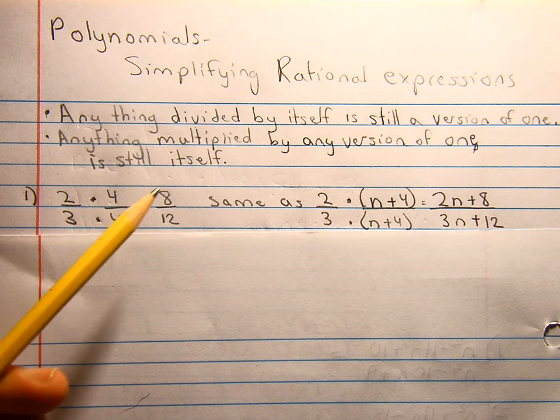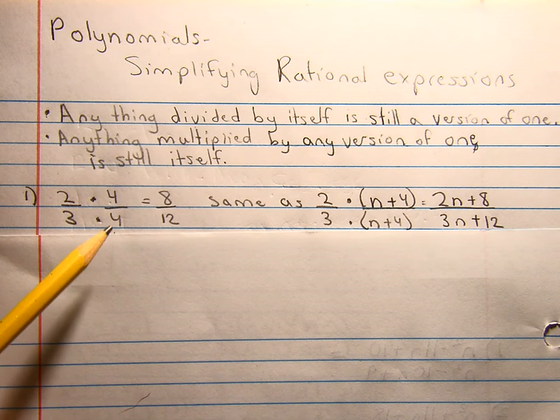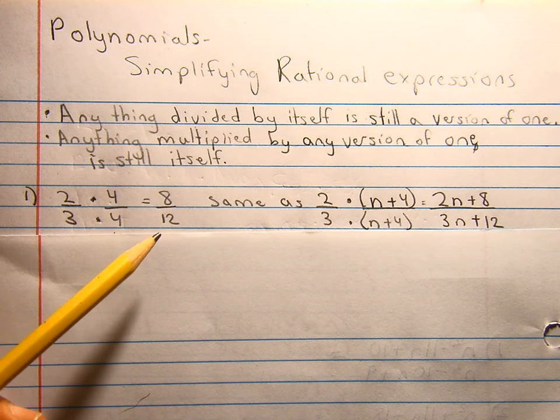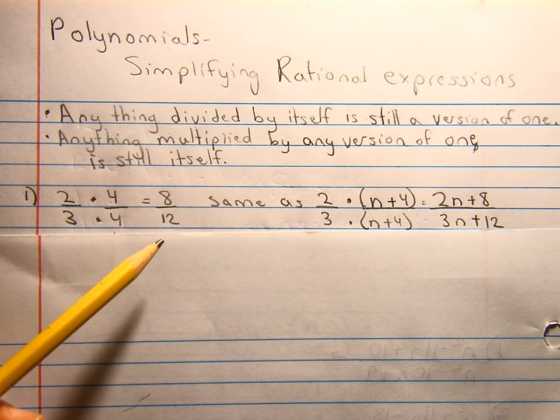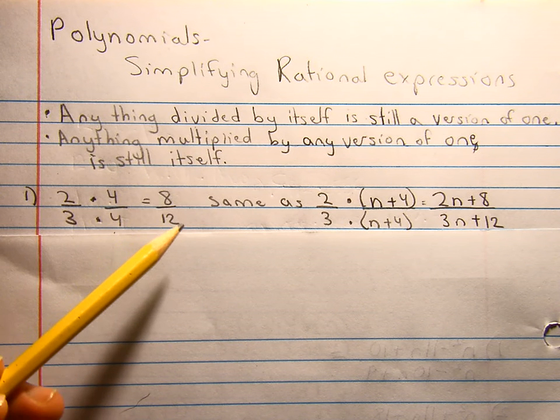Okay? So when you multiply anything by a version of 1, it is still itself. Its quantity has not changed, just its form. Common examples of this is whether you have 5 dimes or 2 quarters.